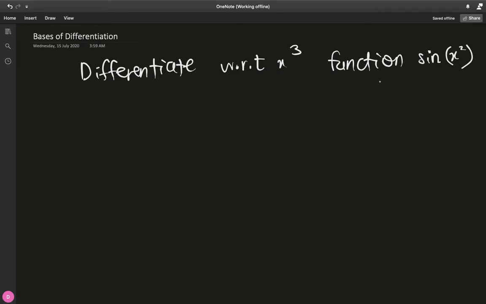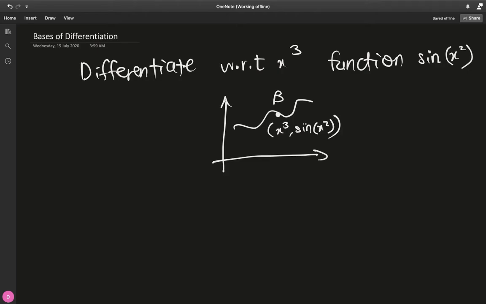But think about it in terms of parameters. Assuming you have a graph, a curve, any point on it can be expressed as the collection x cubed comma sine of x squared, where x is the independent variable.